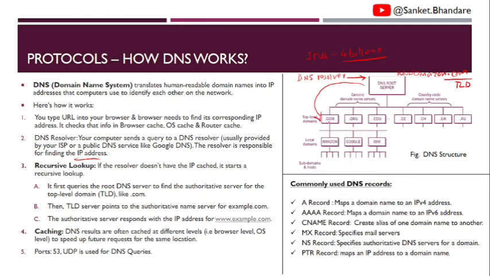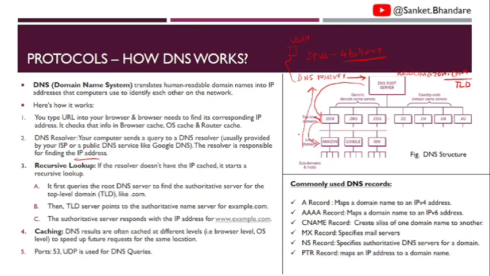Then this top level domain server points to the authoritative name server for amazon.com, and this authoritative server responds with the IP address for amazon.com. This will further send the response back to the DNS resolver, and the DNS resolver will send the response back to the requester or user. Once the authoritative server responds with the IP address for amazon.com, the caching process starts.